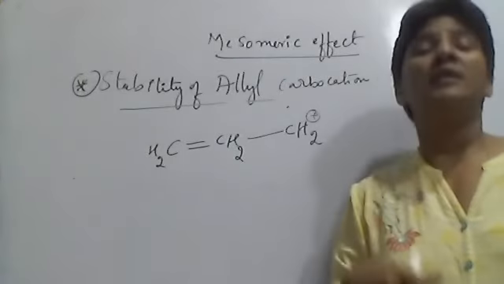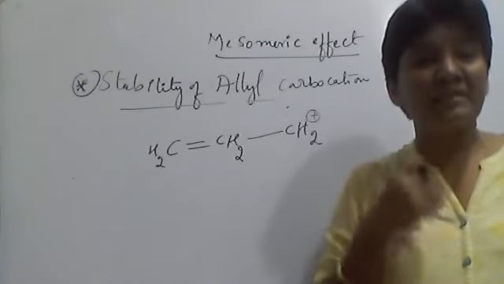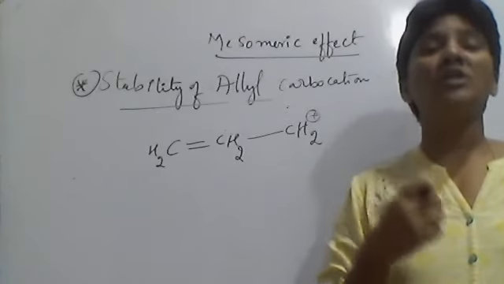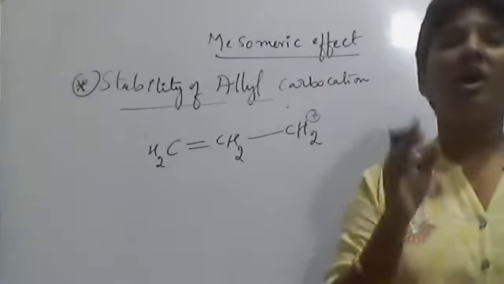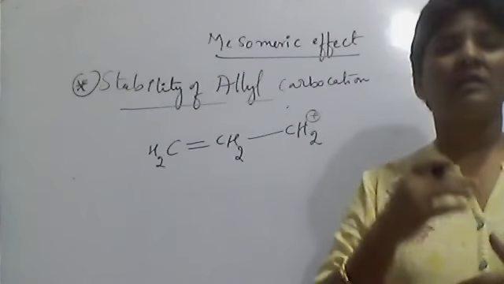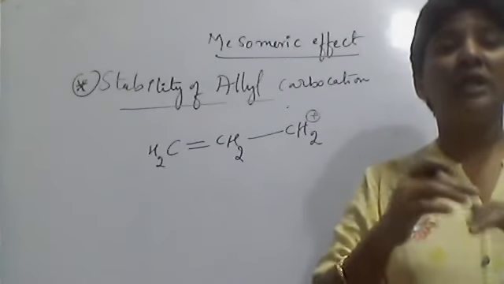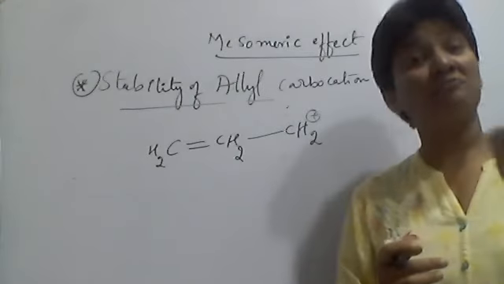This complete shifting of the pi bond in a conjugated unsaturated system is called mesomeric effect or resonance effect. Due to this shifting, one molecule changes into more than one structure.